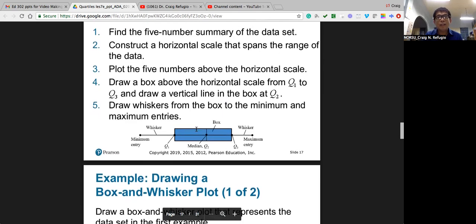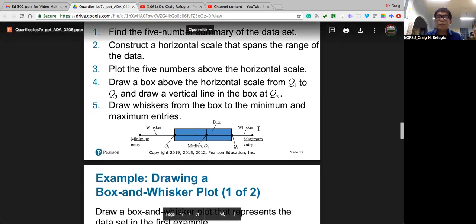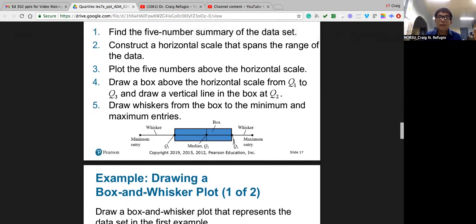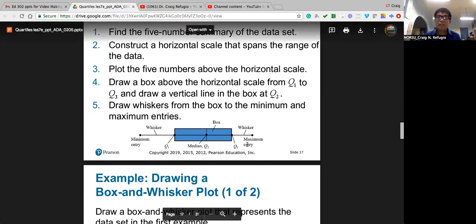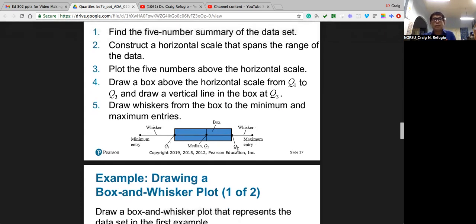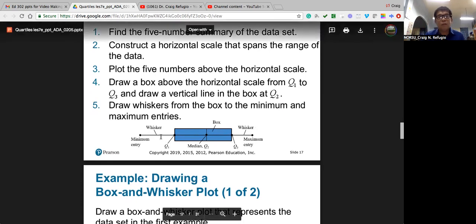So we look at the data here. We have this line. We have to consider the minimum, the maximum, Q2, and then the location of Q1 and the location of Q3. So we have the whisker.